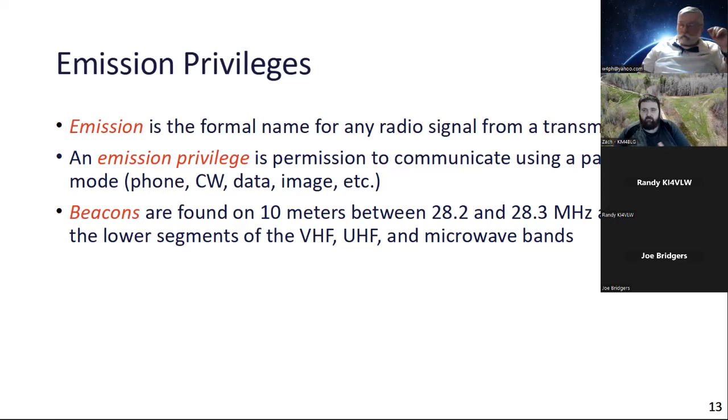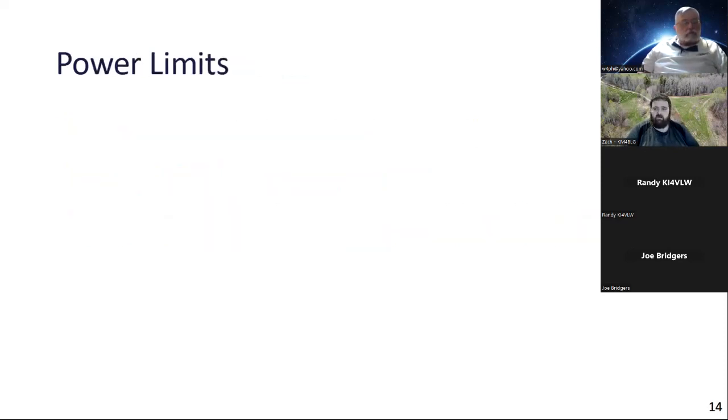They're fully automatic, and they just transmit their call sign and maybe a little bit of information about their location, over and over and over again. The purpose of them is to study how well radio signals carry. You can use it to gauge, oh, I'm really hearing the beacon very strongly today, or I'm not hearing it at all today. It's really used for studying how the radio waves travel based on all the conditions.